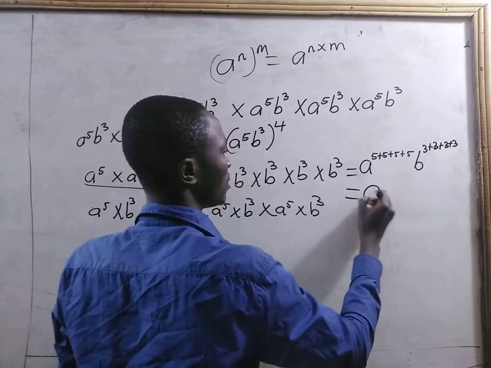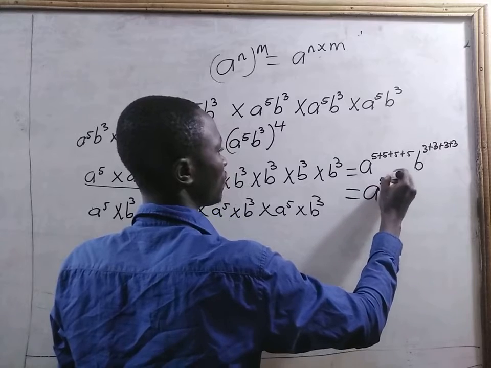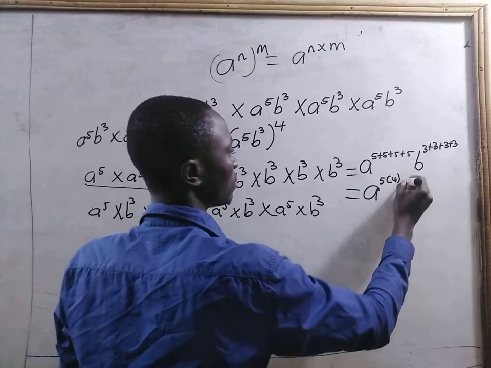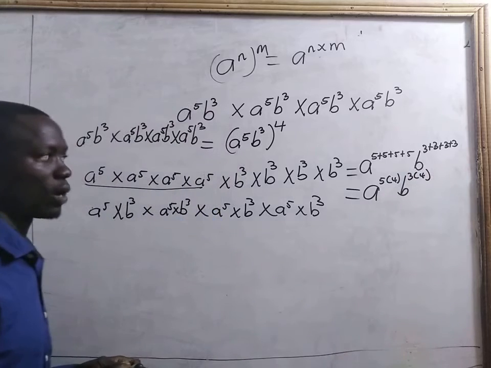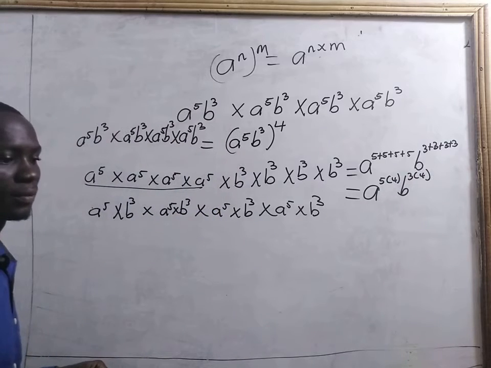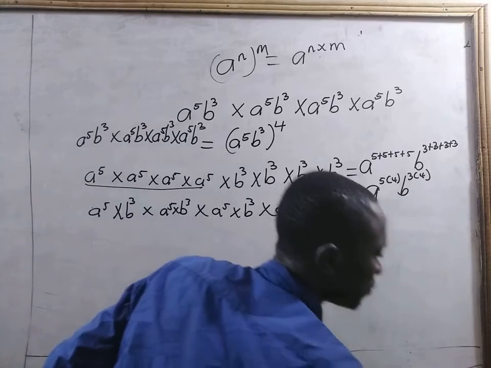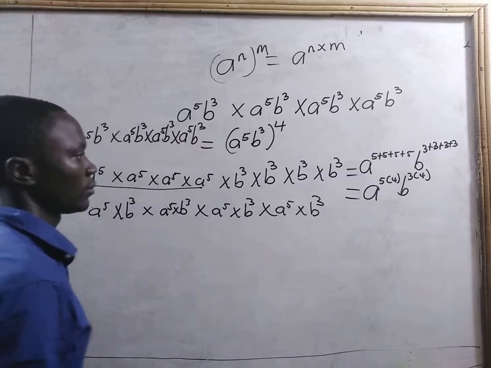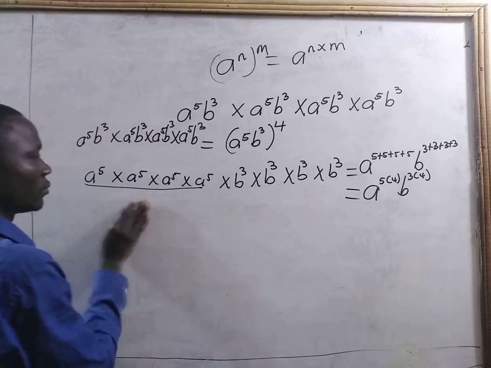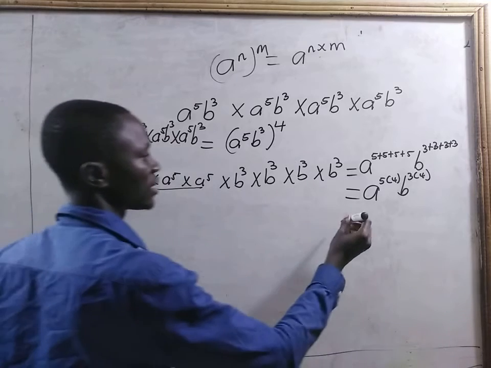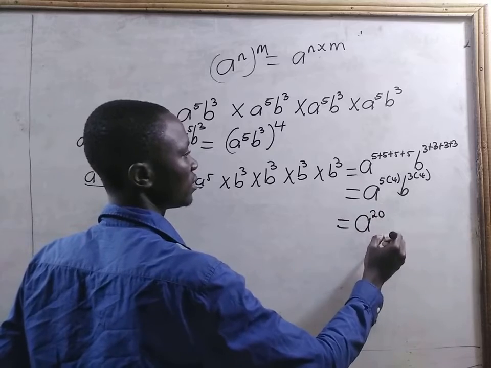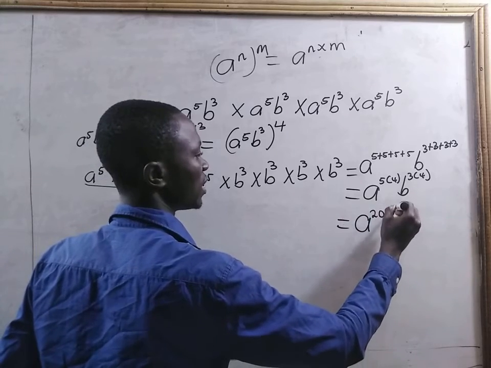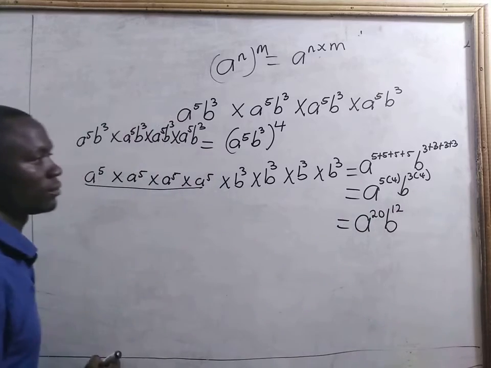And that will give me a exponent 5 times 4, b exponent 3 times 4. This will give us a exponent 20 times b exponent 12.